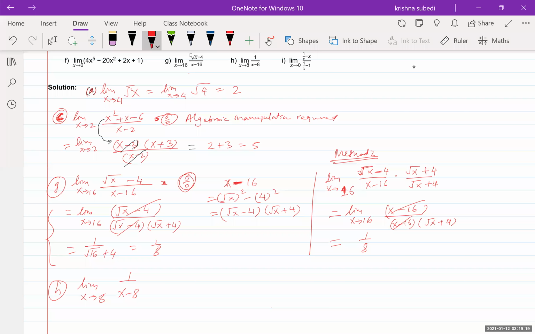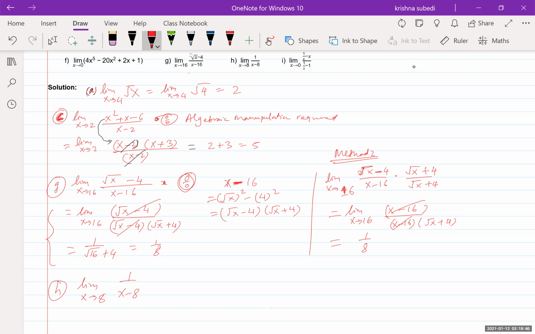Yeah, so no matter what process you do, you cannot use the algebra here, right? So you cannot factorize it. Rationalization is not a question here. It's already a rational function, so no rationalization is required.